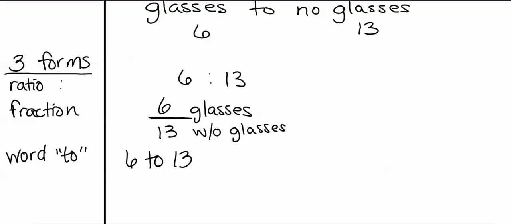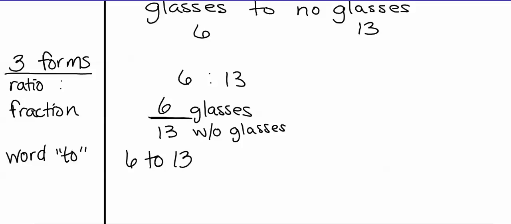All right, just as a side question, how would we write the ratio of people with glasses to total students? They don't tell me how many students are here. I don't see that number. What would that be, Maddie? I forgot. You forgot. What would that be, Anaya?